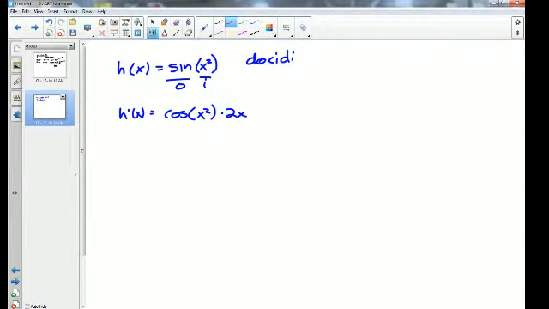Derivative outside, we'll go with red. Copy inside. And then derivative inside, we'll go with pink. There you go. Okay, it's a process.